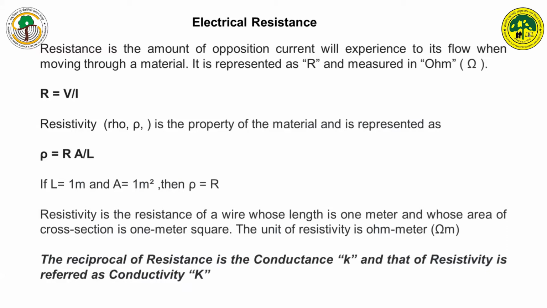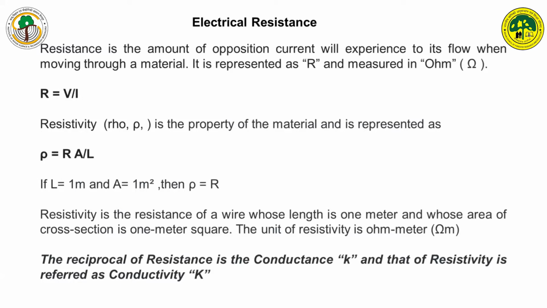And the resistivity is related to the resistance, and resistivity is the property of the material. It is controlled by the cross section of the material as well as the length of the material. So resistivity and resistance are related if the cross section and length are the same.